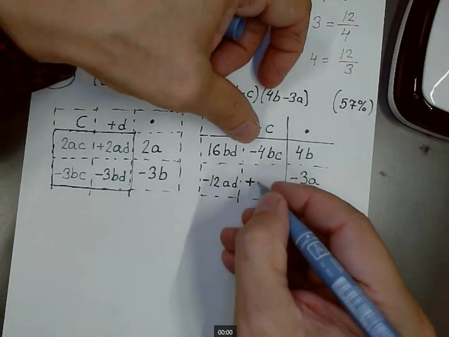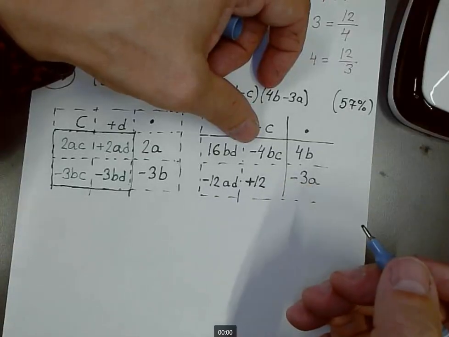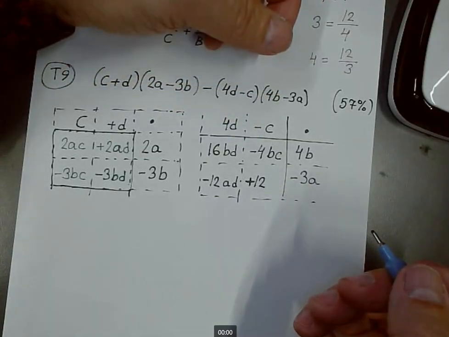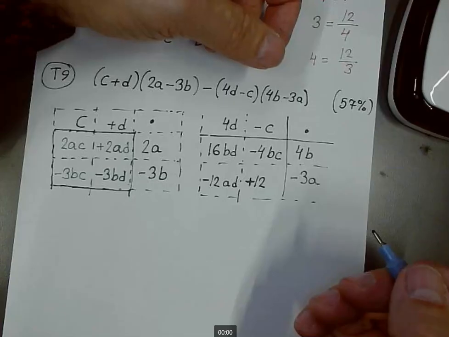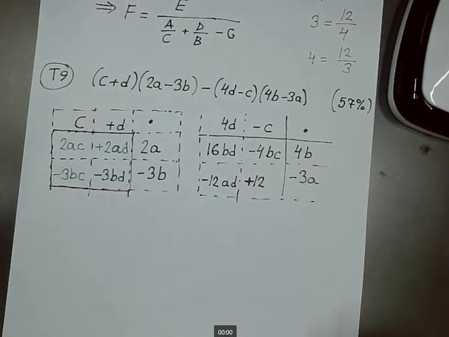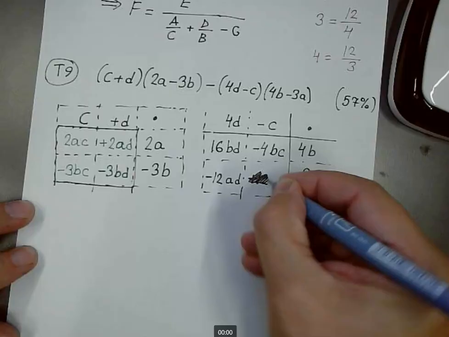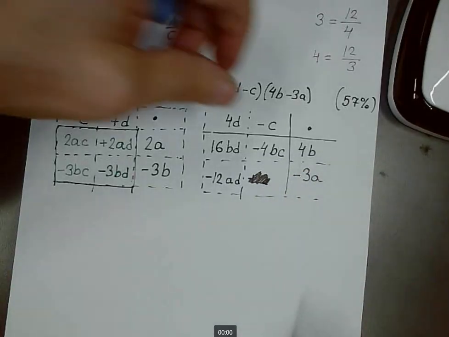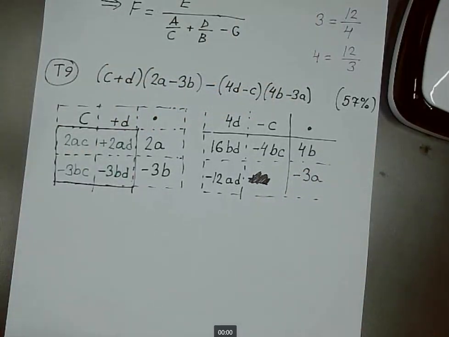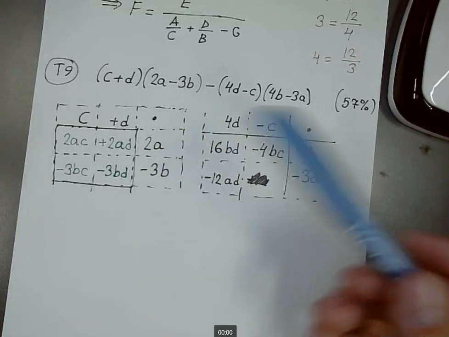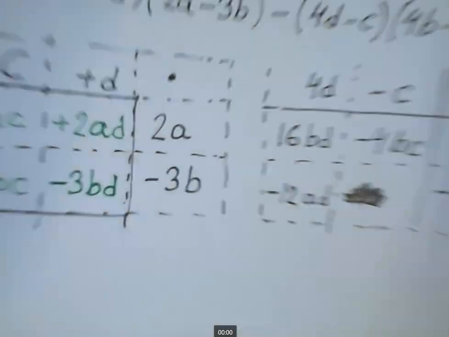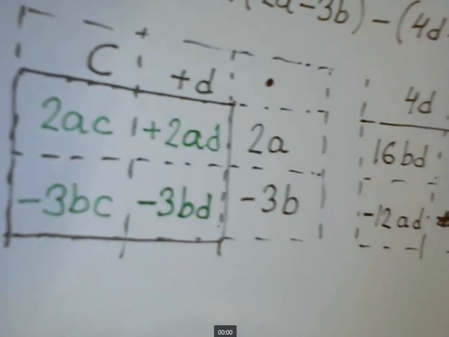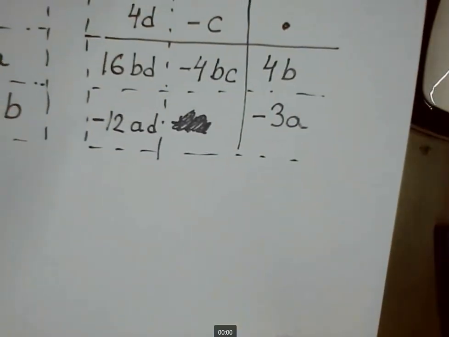4 times 3 equals 12, and then we have, sorry, what am I counting? Oh, sorry, I made a mistake. I forgot to use a different color. I used this black color here, and here you see better. I should have used a green color there.